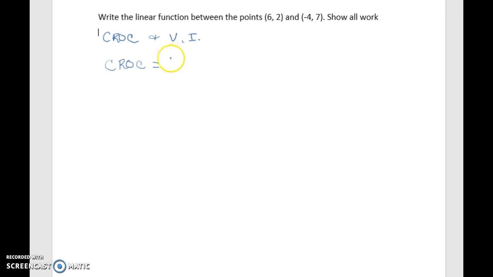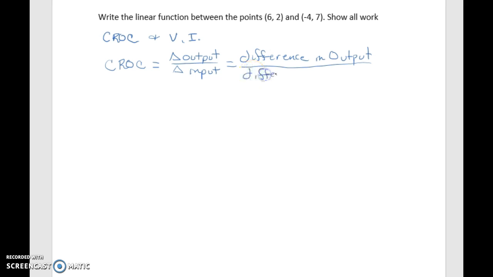And if we recall, it is the change in output divided by the change in input. And the change is the difference, so that means the difference in the outputs divided by the difference in the inputs. So next we want to make that calculation.